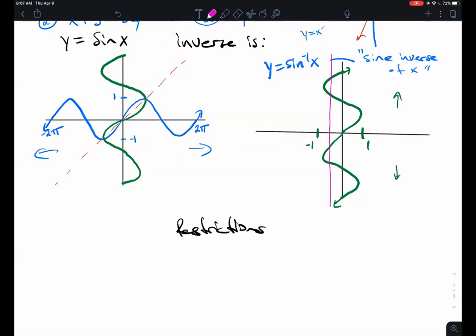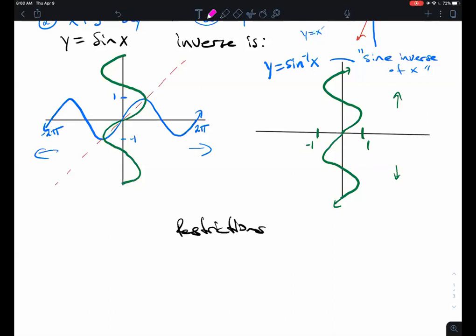Now, using this idea of the vertical pink line that I've drawn there, if I go back to the original blue function, y equals sine of x, what characteristic of the blue function would tell me that its inverse is not a function? Instead of drawing a vertical line down the green one, what could I have done to the blue one to say, oh, okay, my inverse is not going to be a function? Well, just switch x and y.